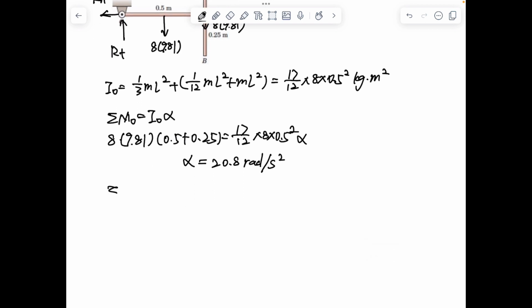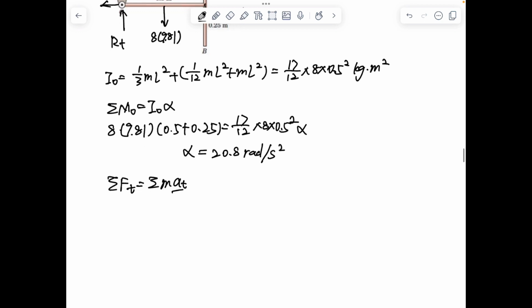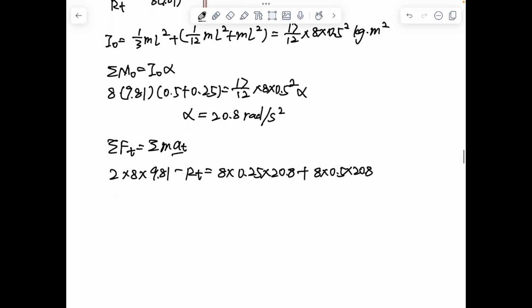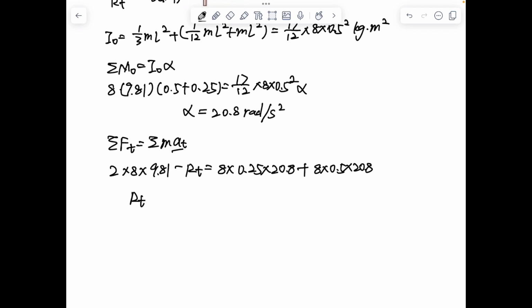So in tangential direction, we have sum of forces equal to sum of m a_t. 2 times 8 times 9.81 minus RT is equal to 8 times 0.25 times 20.8 plus 8 times 0.5 times 20.8. Then we have RT is equal to 32.3 Newton.